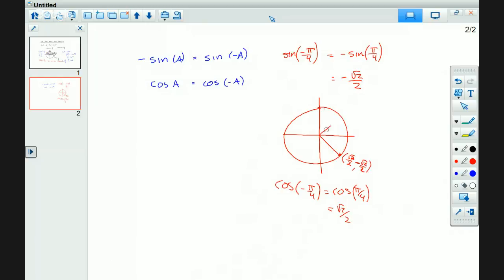And we can see that relationship right there. Sorry, that should be positive root 2 over 2. So for negative pi over 4, sine values are opposite, but for cosine they're the same, and that's what these identities are kind of giving you.